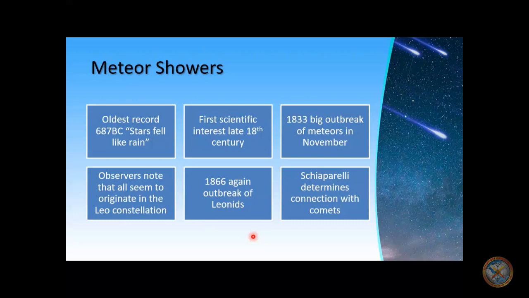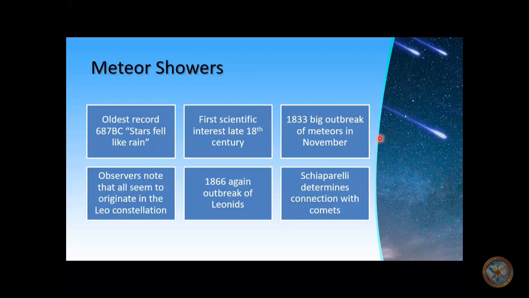The first real scientific interest came in the late 18th century, beginning of the 19th century. And then what really started it off was in 1833, a big outbreak of meteors.